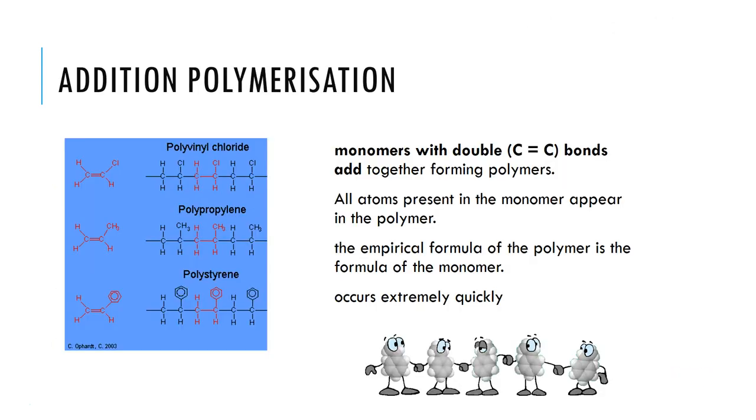So, as I said, the only type of polymerization we do is addition polymerization, which means that our monomer must contain a double bond. If a monomer doesn't have a double bond, we can't have addition polymerization. So it must have a double bond between carbon atoms.